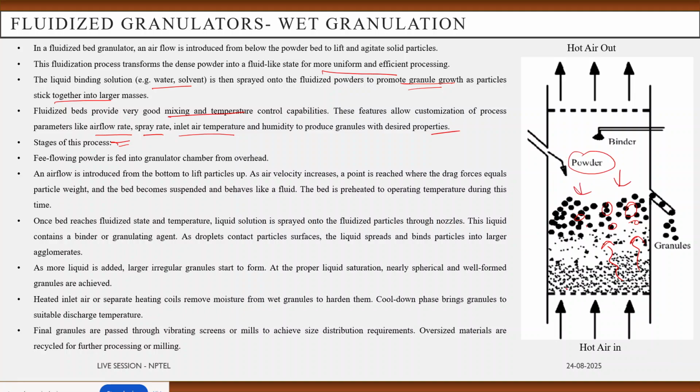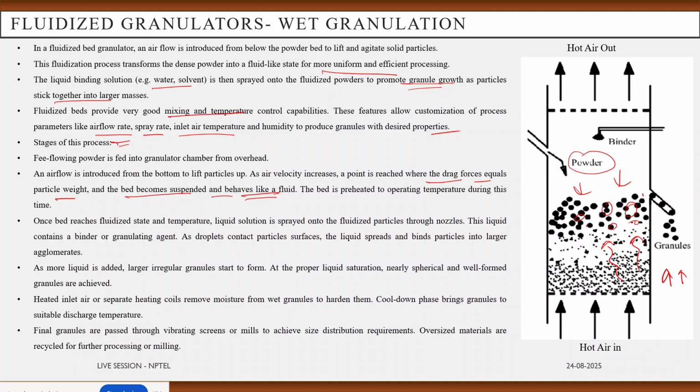Then an airflow is introduced from the bottom of the granulator to lift the particles up, and as the air velocity increases, a point will be reached where the drag forces equal the particle weight, and at that time the bed will be completely suspended and behaves like a fluid. The bed will be preheated to the operating temperature during this time.